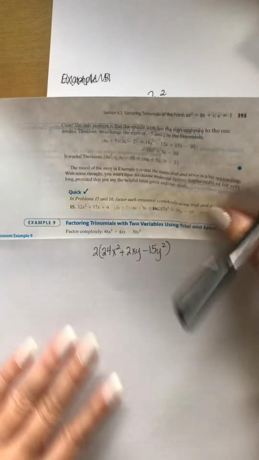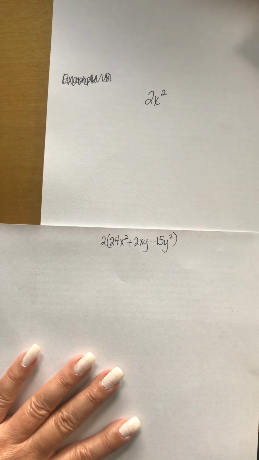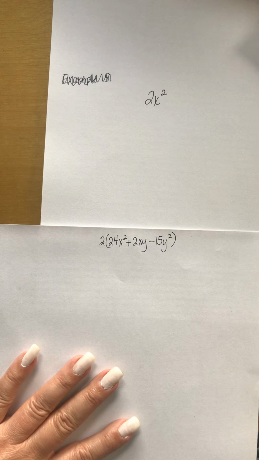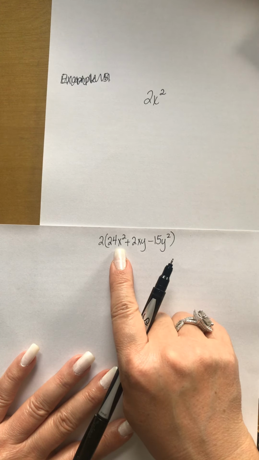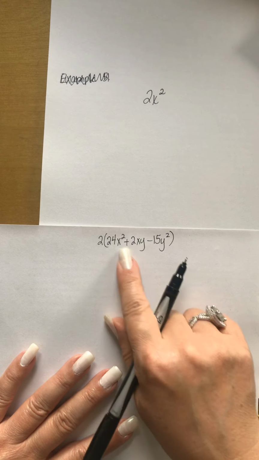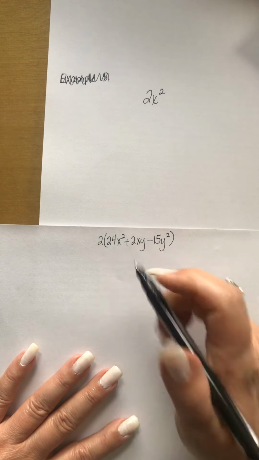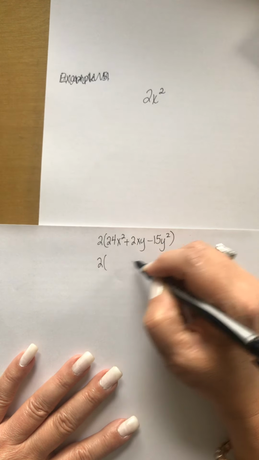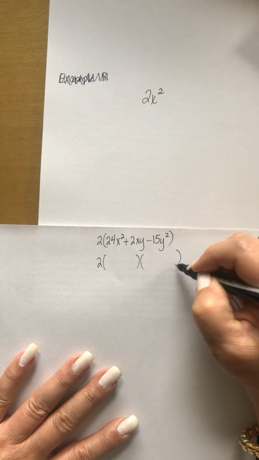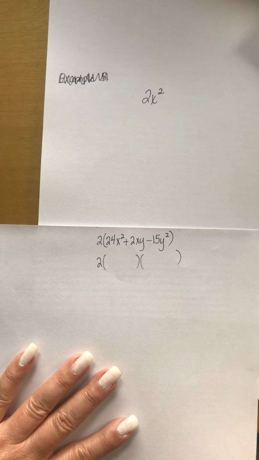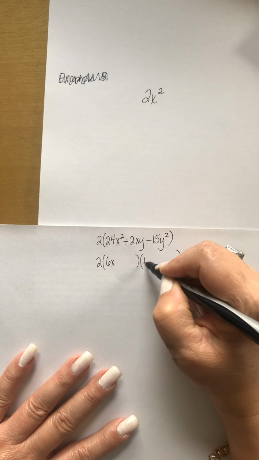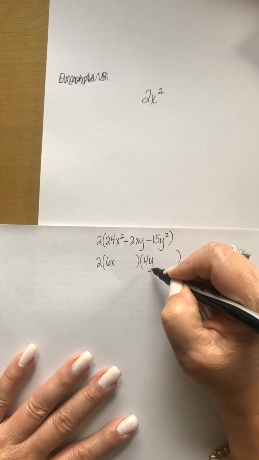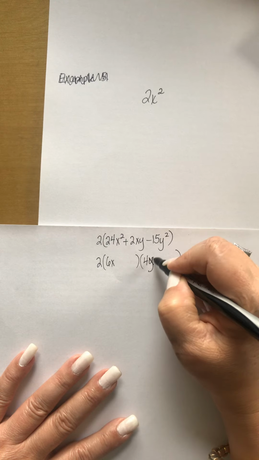For this one, we're going to look for factors of negative 15 and factors of 24. This could actually get crazy because you could keep going back and forth with numbers that multiply to give you 24. But it's 6x and 4x.